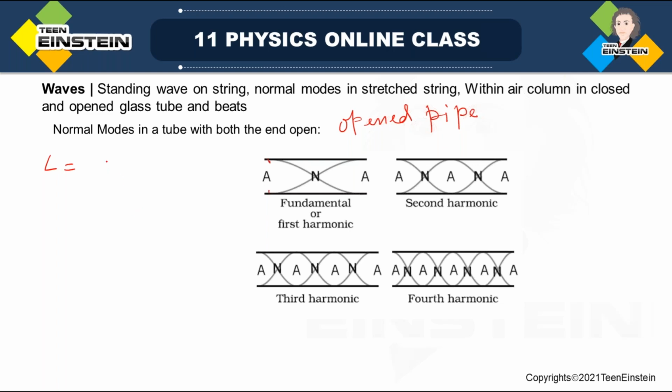At any point you take, you will get antinodes. So L can be written as, or the frequency itself I can directly write, the fundamental frequency we get in this case. Let me write this: n lambda by 2. This is the condition for antinodes at one end.